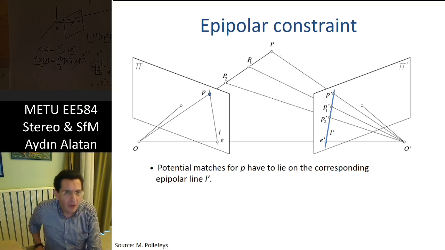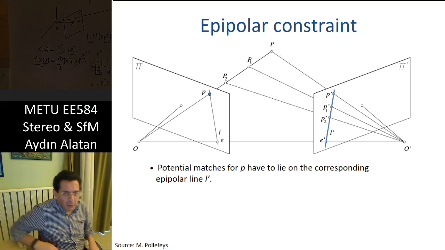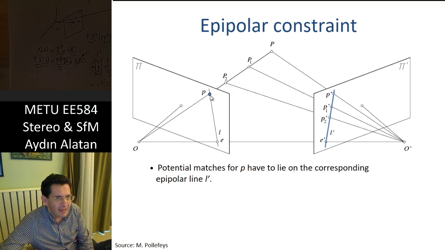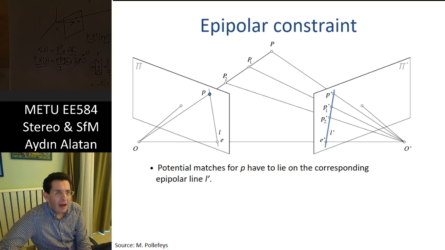Therefore, assuming this is one projection of the point P, the potential matches, the corresponding projections, could be P1 prime, P2 prime, or P prime on the epipolar plane. Any one of them could be the case. Right now we are trying to find a match, and we realize that the only thing we can have is a point on one image and a line on the other image, and this is called the epipolar line.